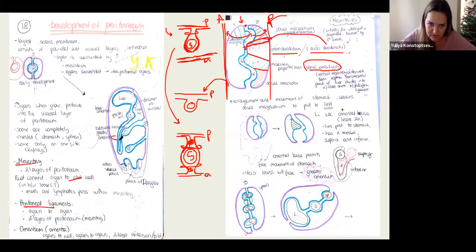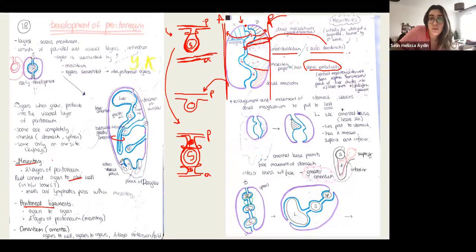So here it is. This is your greater omentum right here, like a fold coming down. The lesser omentum is a false omentum because it doesn't fold. So if it is a fold of the peritoneum, how many layers of visceral would there be if it is a fold?